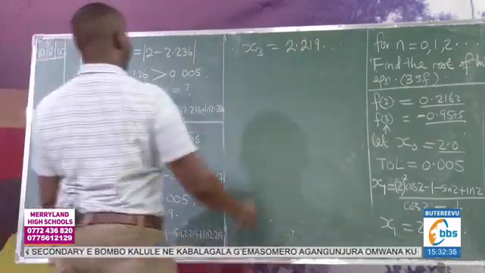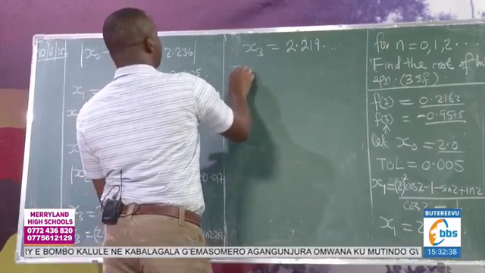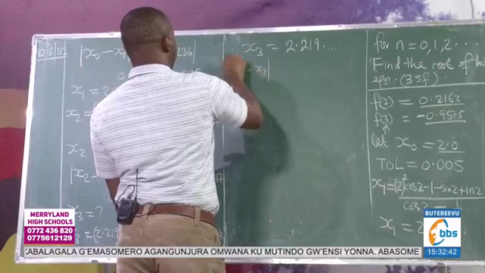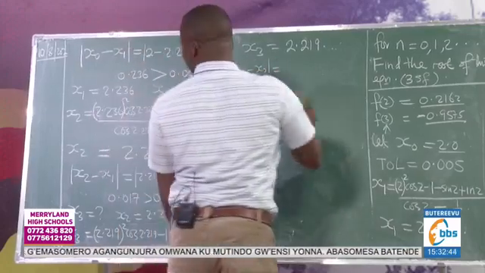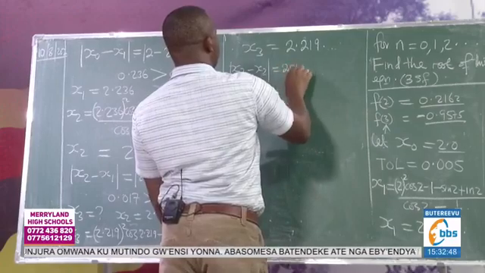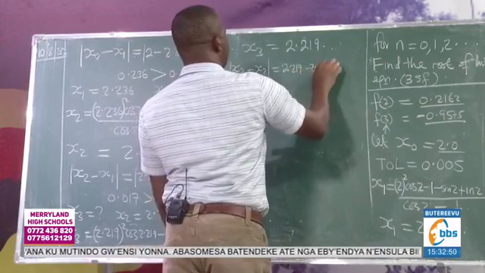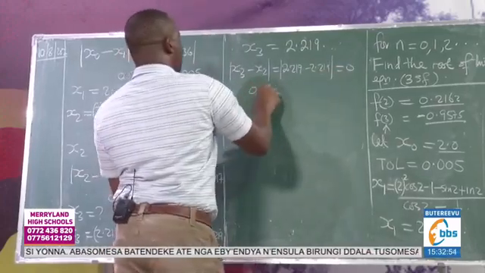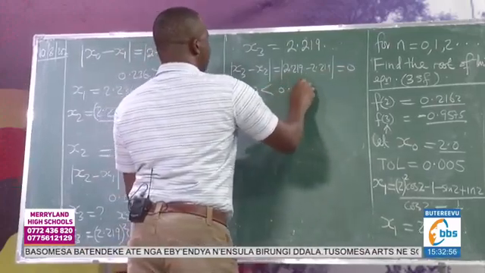Now we can confirm that x3 minus x2 will give us a value that is 0. 2.219 minus 2.219 will give us 0, and 0 is now less than the tolerance.